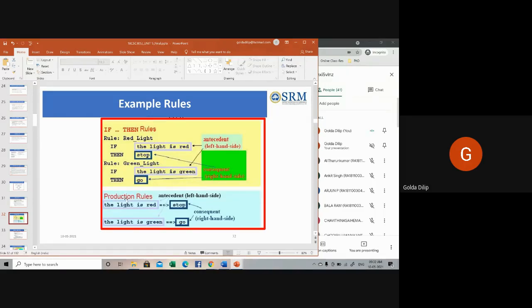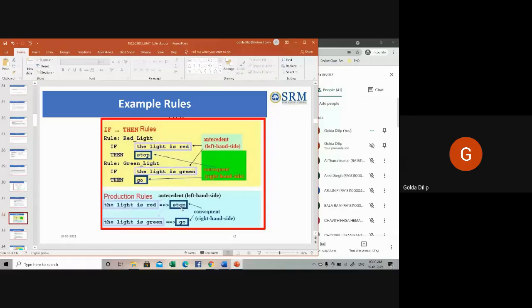Then production rules. Production rules are of the form A implies B. You can see here the implies symbol, A implies B. So if-then is replaced with the implication symbol. It is actually a representation of your if-then rules itself.